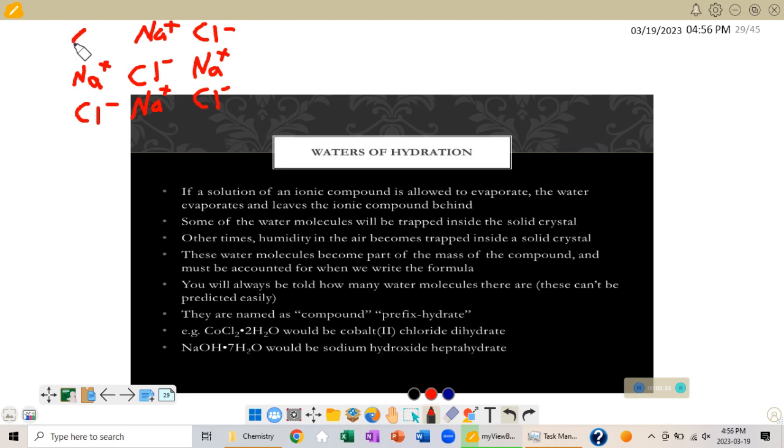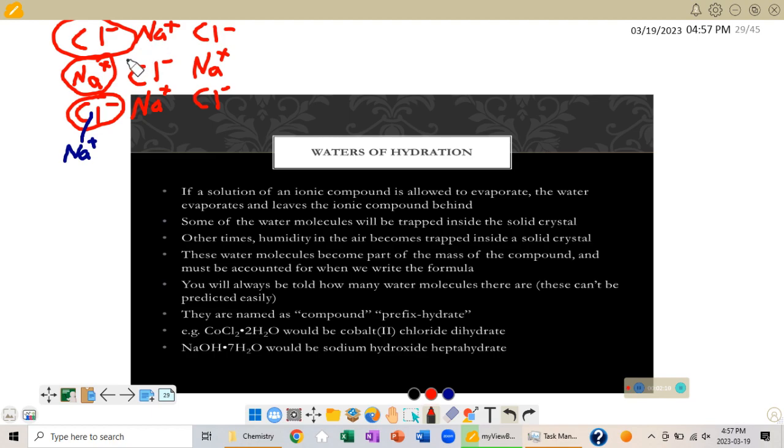The neat thing here is we can imagine this extending in 3 dimensions towards us. On top of this chloride, coming out of the screen, is going to be a sodium, and on top of this sodium is a chloride, and on top of this chloride is a sodium, and so on.